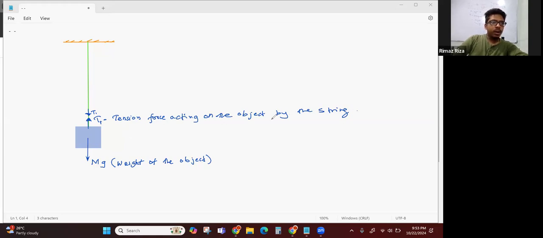And T2 is the tension force acting on the string by the object.